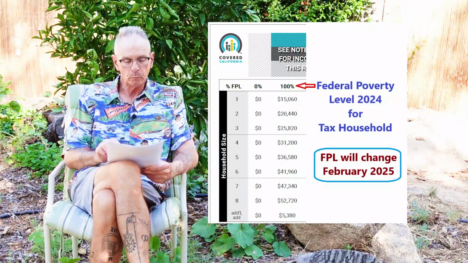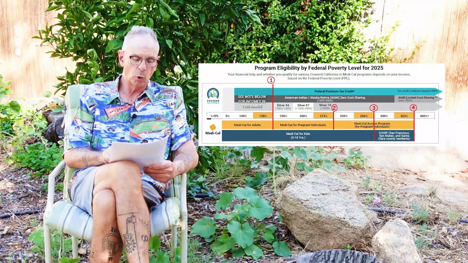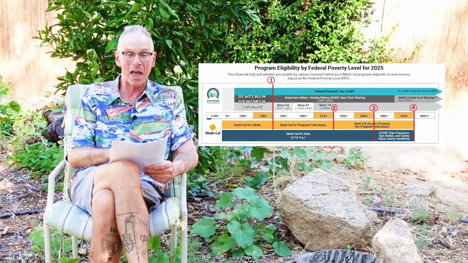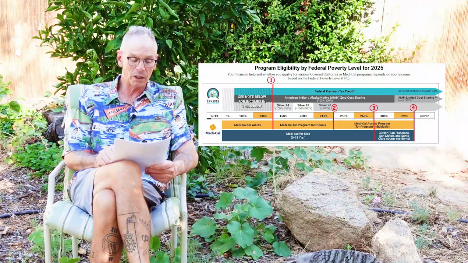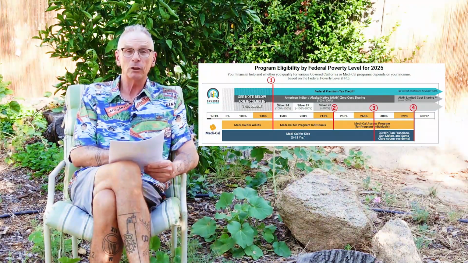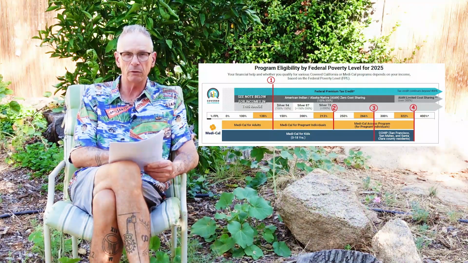Medi-Cal. If we look across the top, you can see a lot of different banners, and some of the stuff on the top corresponds to some of the banners on the bottom. I'm going to focus on the yellow-orange California poppy color columns. So 138% is 138% of the federal poverty level.